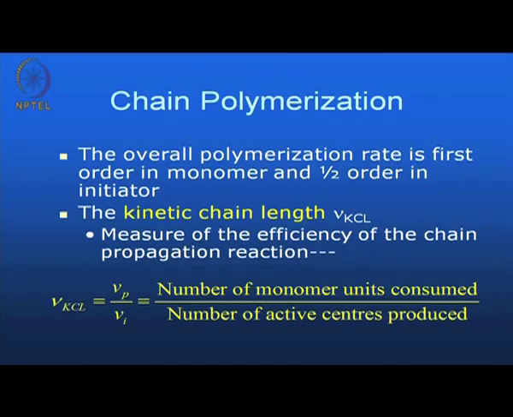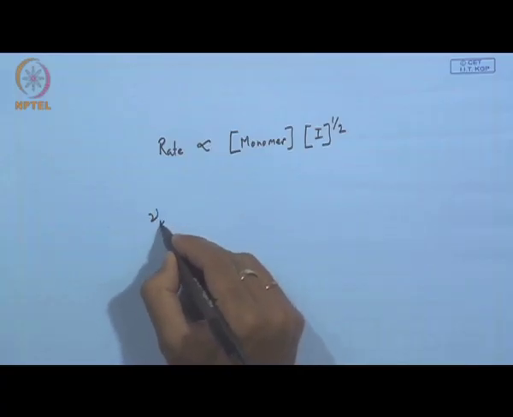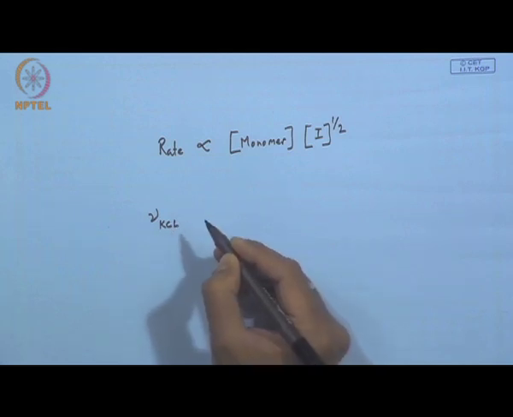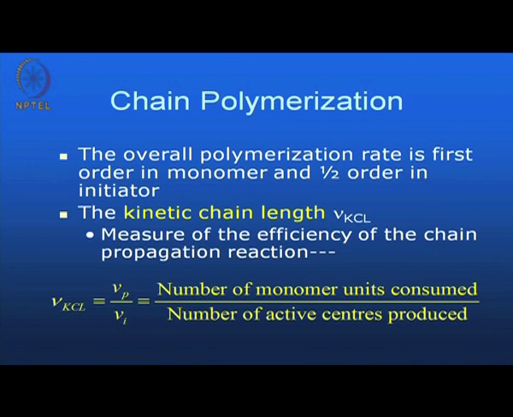Then we would like to define one quantity which is called the kinetic chain length, nu KCL. It is nothing but a measure of the efficiency of the chain propagation reaction, how efficiently the chain is propagated, because propagation is very important for further processing.